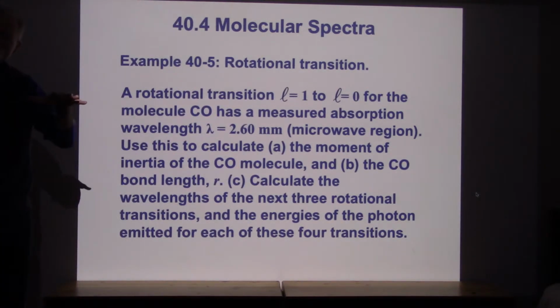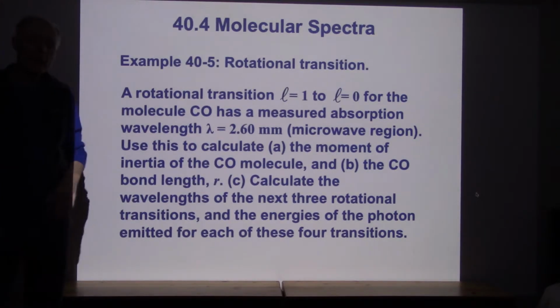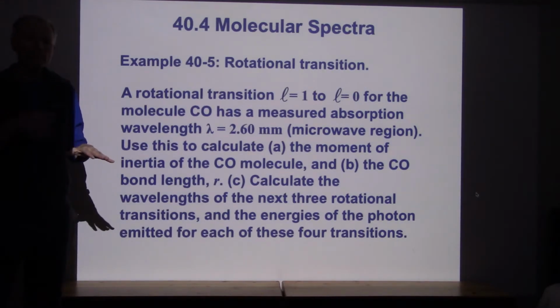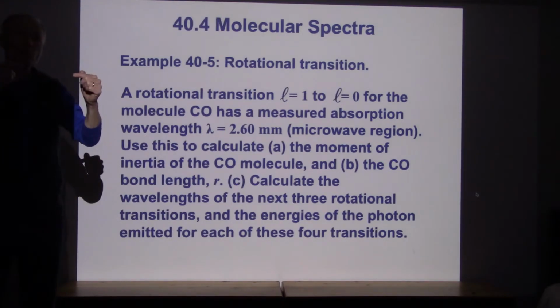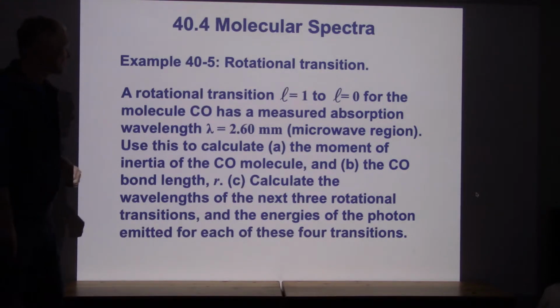So we put a bunch of carbon monoxide in there that's all in the ground state. Maybe we've cooled it down to a very low temperature, and we send in a range of different microwave energy photons. If all the molecules are in the ground state, then the only rotational absorption that can be taken in is the 0 to 1 transition.